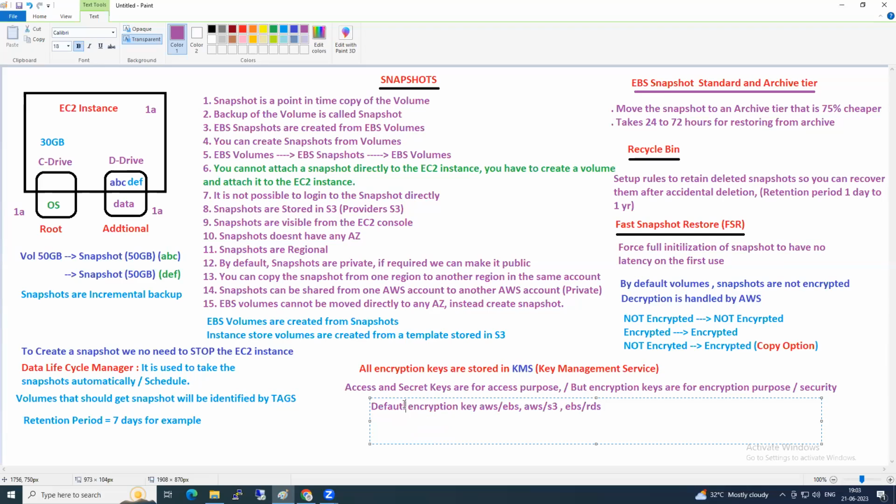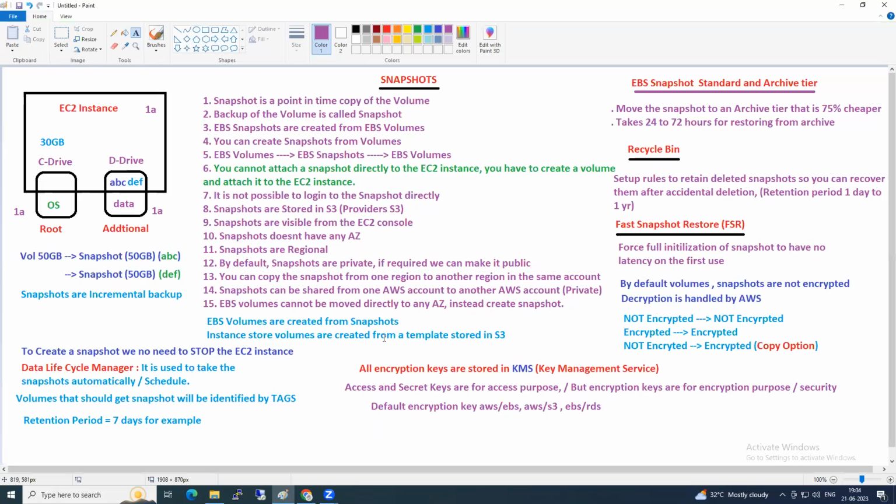You can use them. If you don't want to use the default encryption, you can create your own keys. Where? In KMS. What is the main purpose of doing encryption? It's for security purposes only.